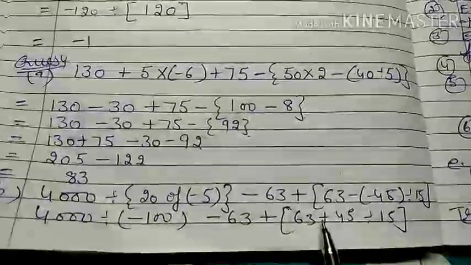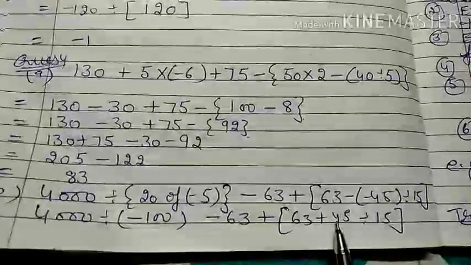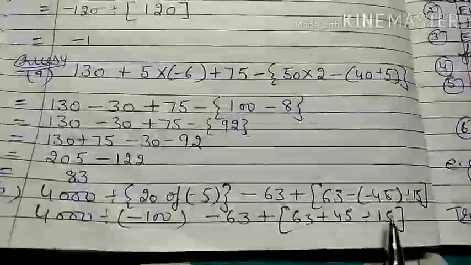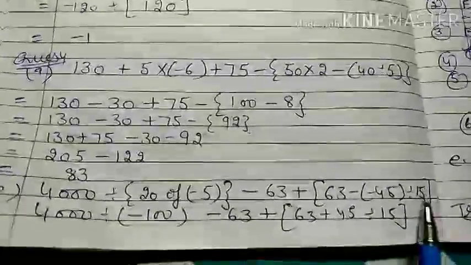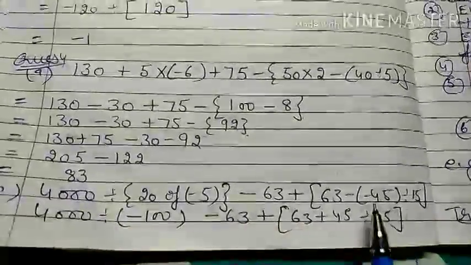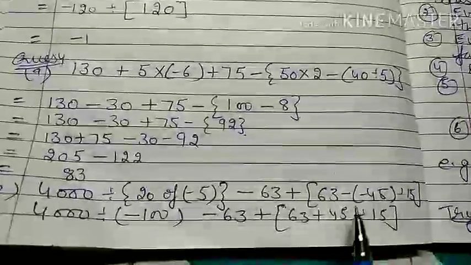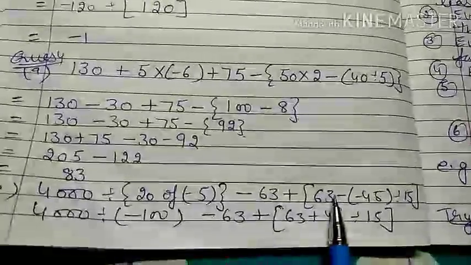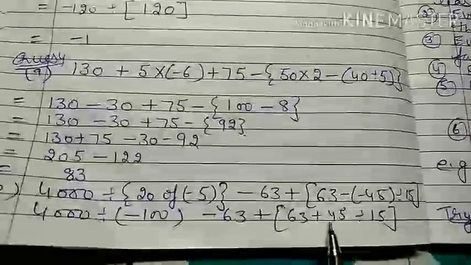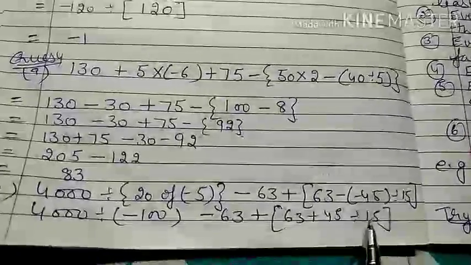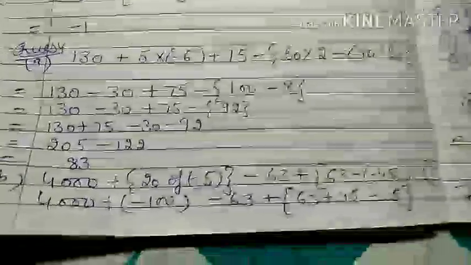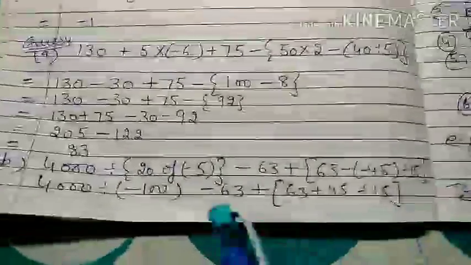Either you can first divide this one: 45 divided by 15 is minus 3, and minus 3 into minus 3 gives you plus 3. That is the same thing. 63 plus 3 gives you 66.